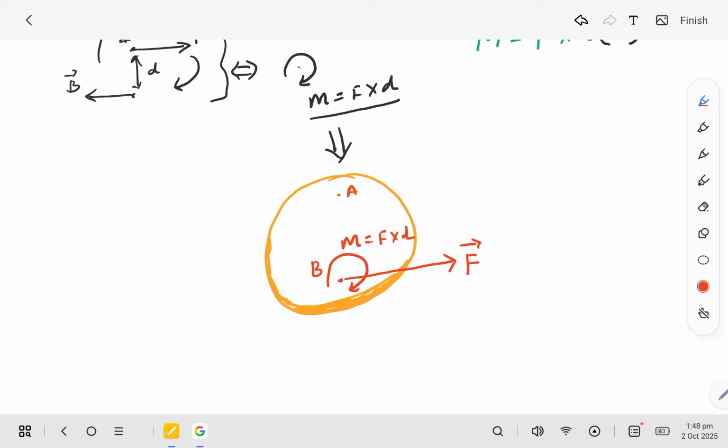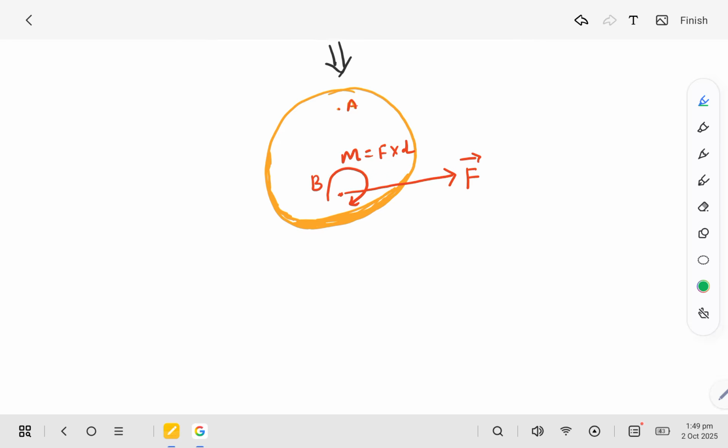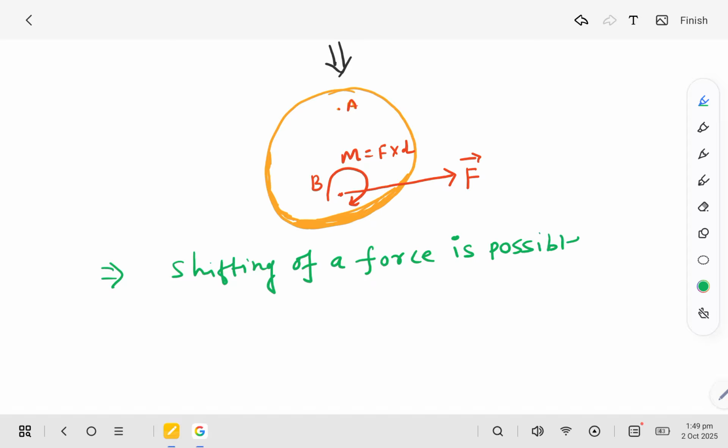So we can conclude that shifting of a force is possible with a couple.